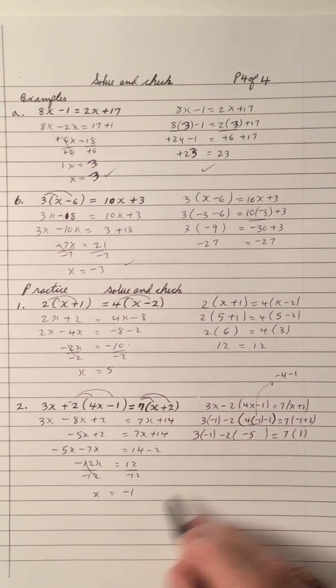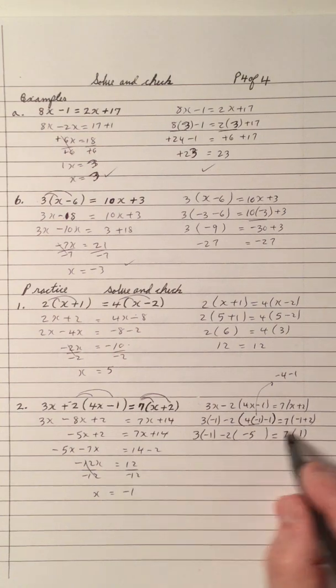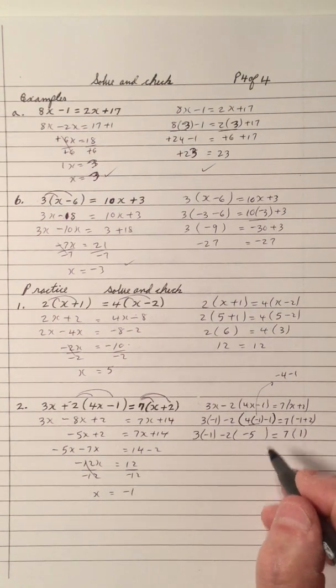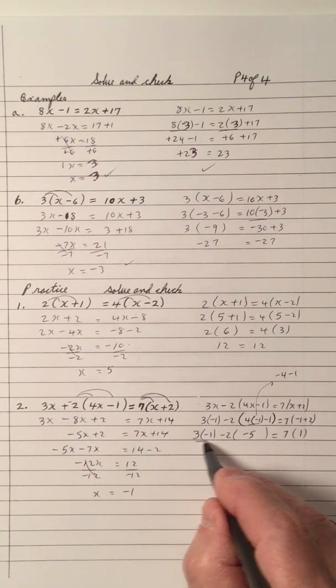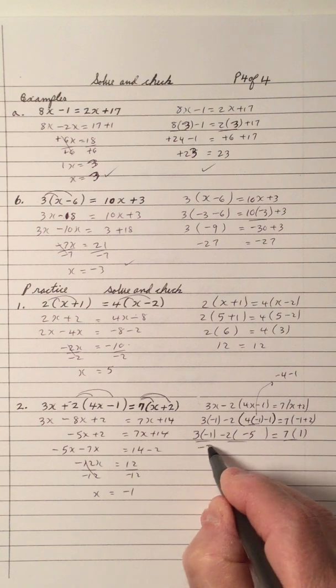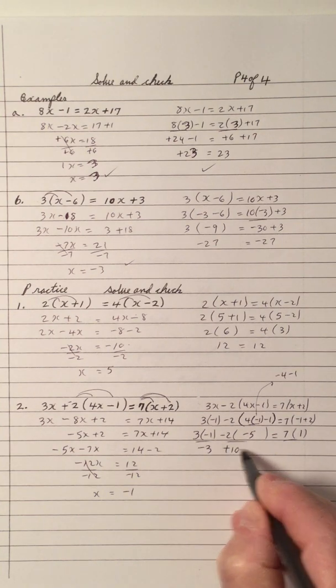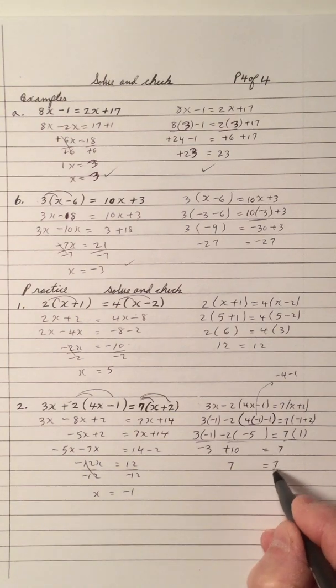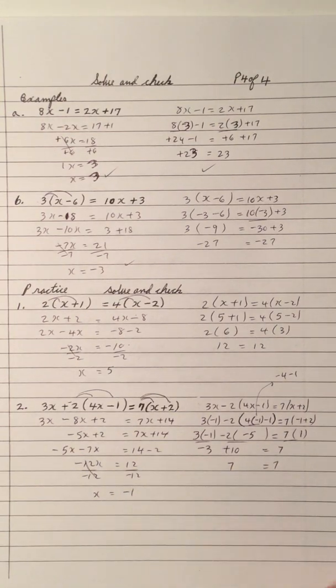Now I have to multiply, multiply, multiply. According to this, I get negative 3 plus 10 equals 7. 7 equals 7. Negative 1 is a root.